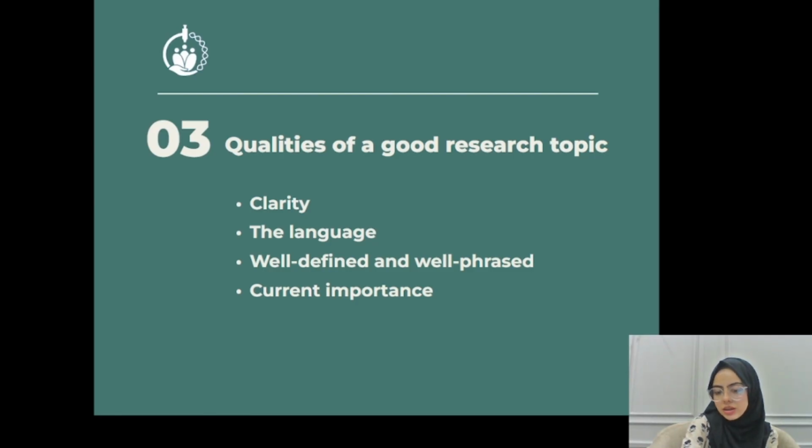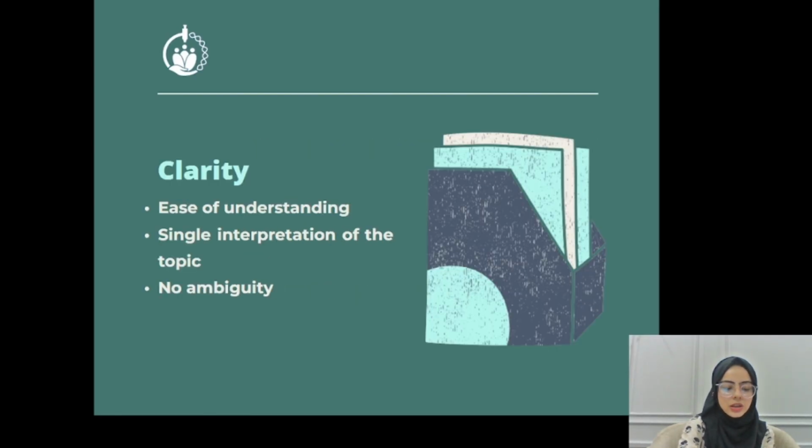Now, addressing all these qualities, first of all, I think the most important and crucial aspect to consider when selecting a research topic is clarity. A clear topic ensures that there is ease of understanding and eliminates ambiguity. Again, first and foremost, it should be easily comprehensible to both the experts and non-experts in the field.